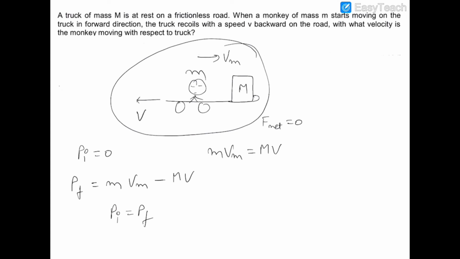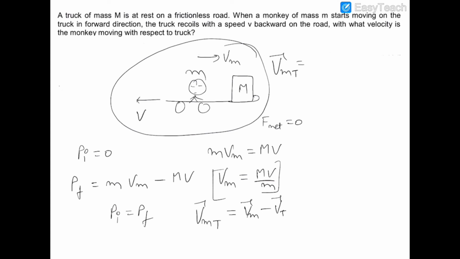Okay, so the velocity of the monkey is equal to mv by m, but we have to find out the velocity of monkey with respect to truck. So velocity of monkey with respect to truck is vm minus v truck. So vmt is equal to vm minus, the truck is moving in the backward direction, so it is minus v.